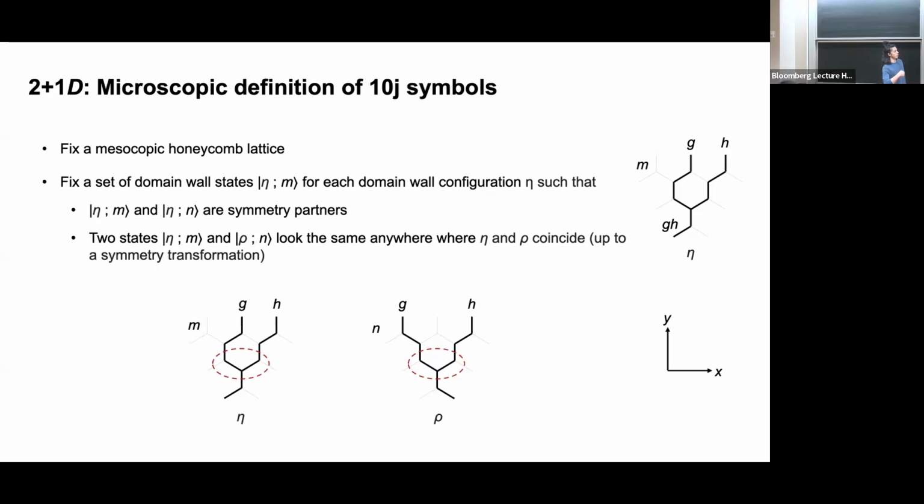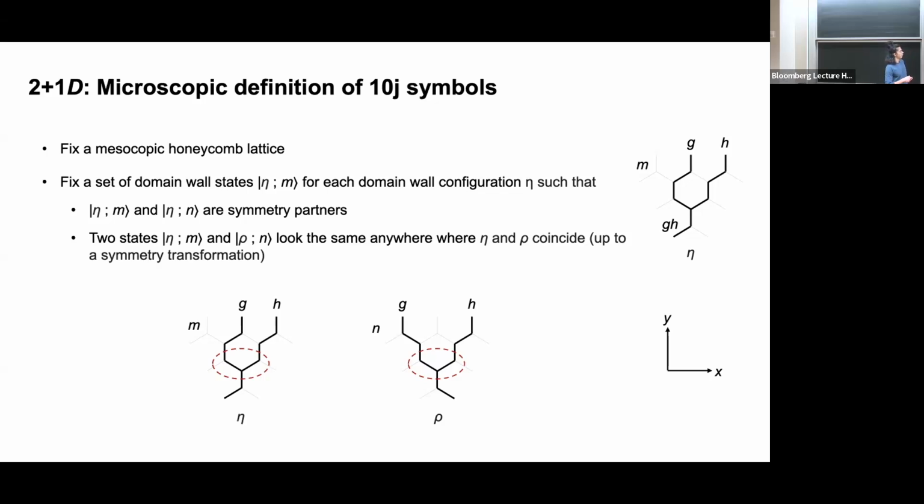In this case, the domain walls live on the edges of our mesoscopic honeycomb lattice. In addition to the domain wall configuration eta, we also have to specify a group element M, which is just the label of the ground state far to the left of all domain walls, in analogy to the 1+1-dimensional case.